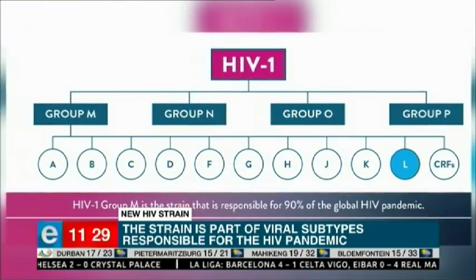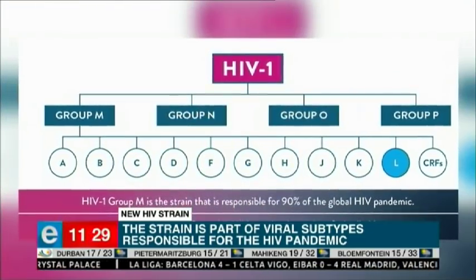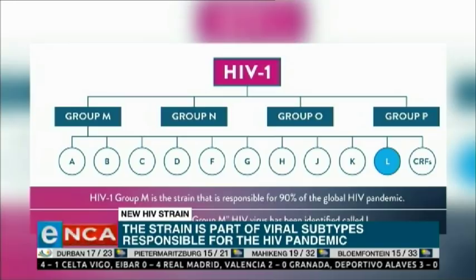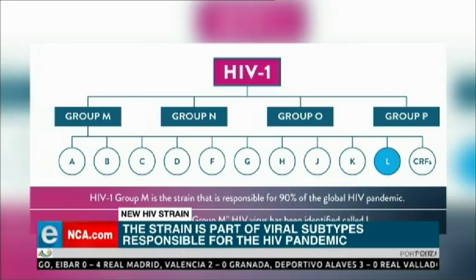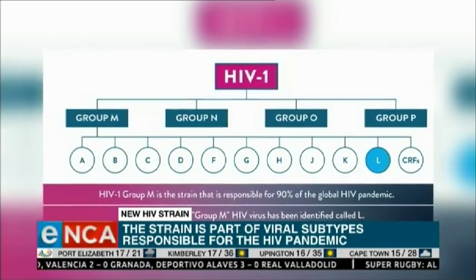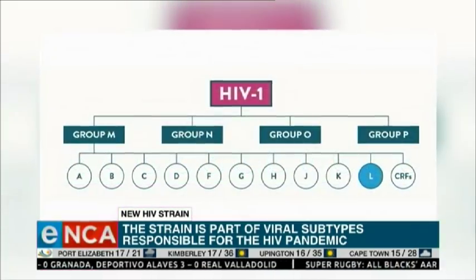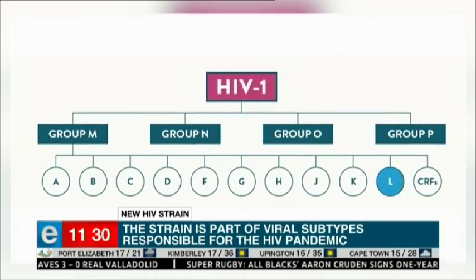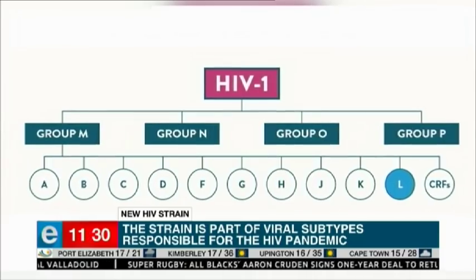So in terms of the group M, the subtypes are being given alphabetically. So now we are at the letter L. Right. Yes, and then there are hundreds of subtypes, but for HIV, there's HIV-1 and there's HIV-2, there's group M, there's group O, different groups, and then different subtypes. So we are discovering and confirming new subtypes all the time.